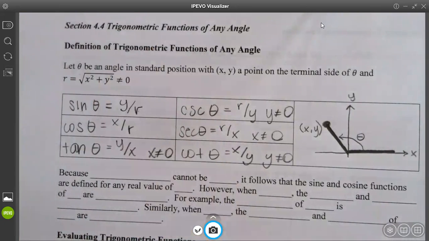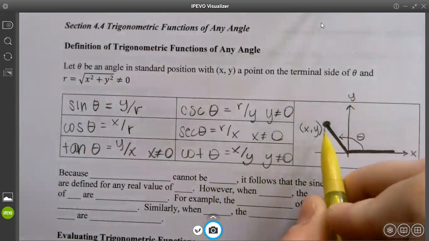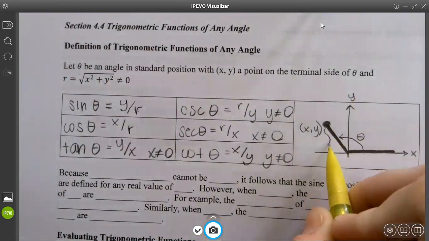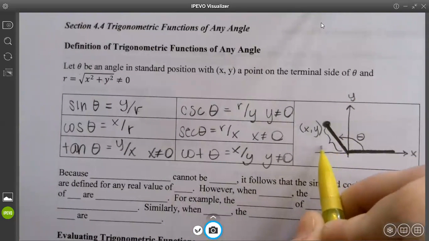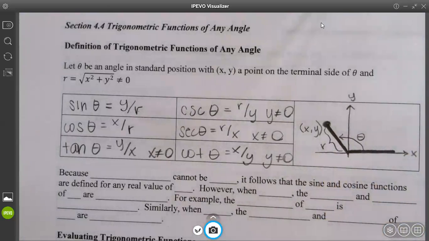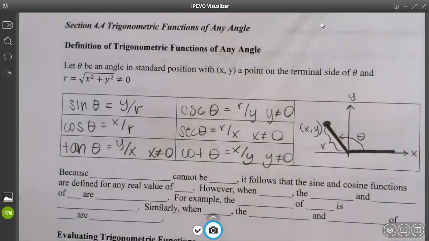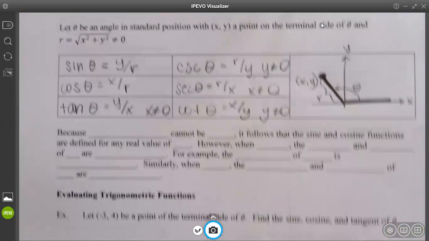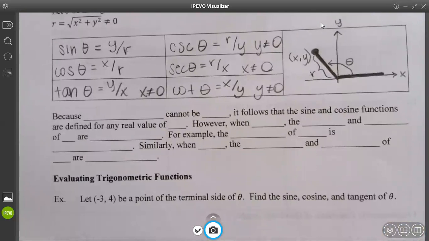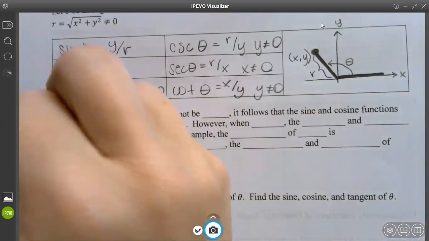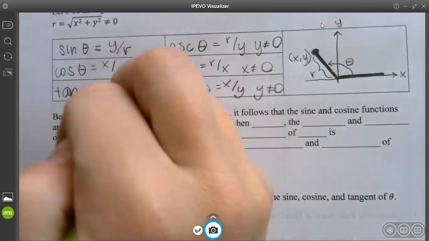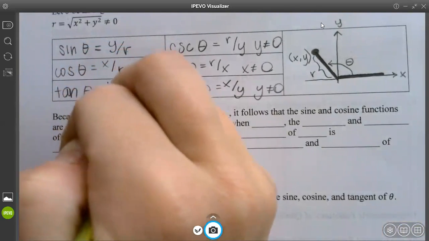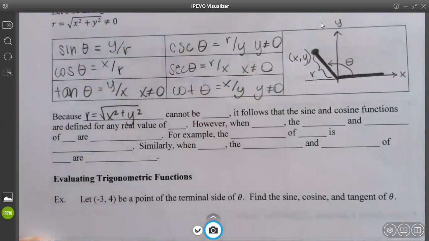That will be on the outside of the circle. And this from the center, or from (0, 0), to that coordinate on the outside is going to be your radius, because r is going to equal the square root of x squared plus y squared.